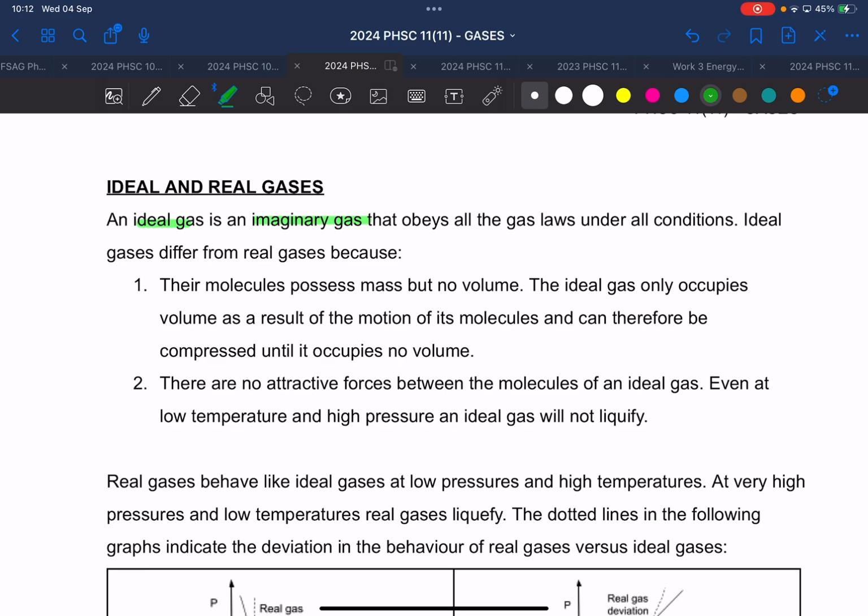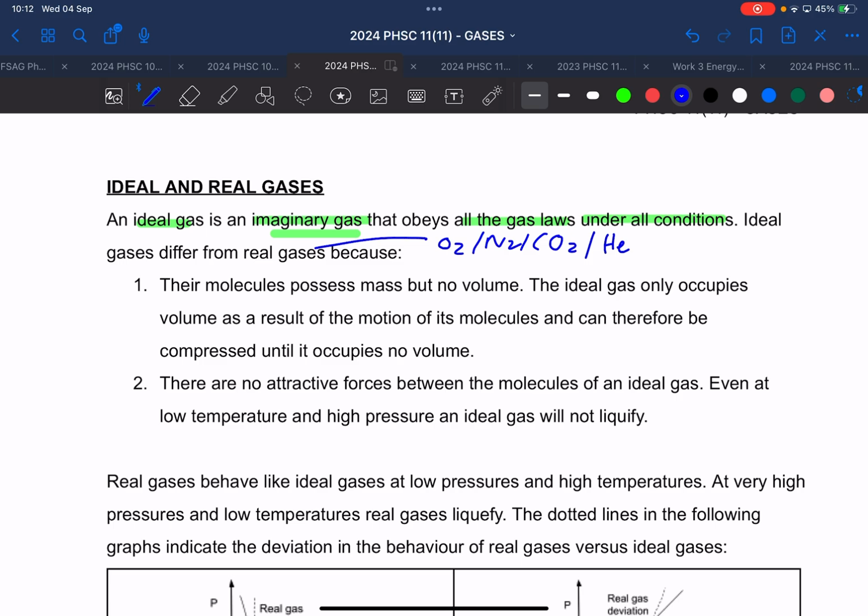So an ideal gas is an imaginary gas that obeys all of the gas laws under all conditions. So it's always a gas, and it always acts like it should. Ideal gases differ from real gases. Real gases are like oxygen gas, nitrogen gas, carbon dioxide gas, helium gas.